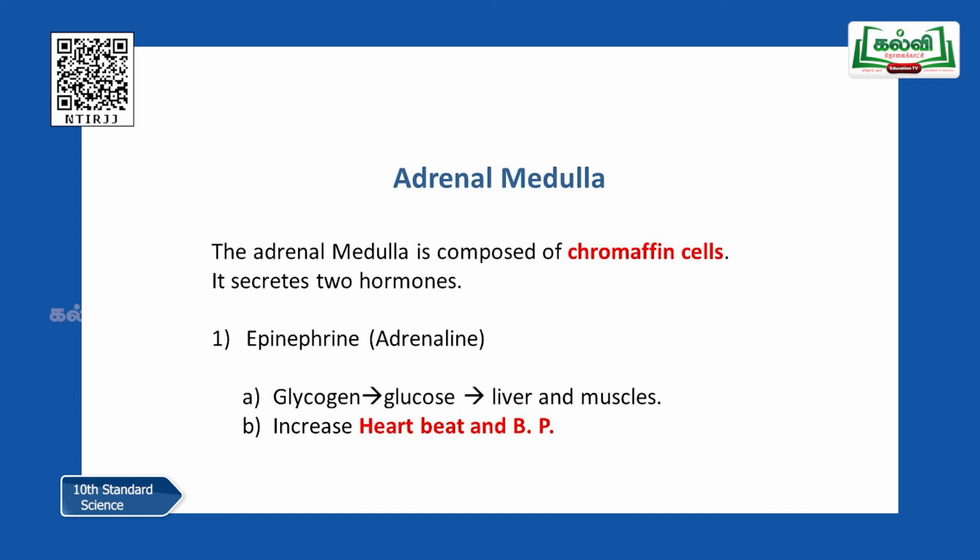You have seen in cinema or in hospital, people used to say low BP and the heartbeat will be low. So, we cannot help them to recover. Such statements are given by the doctors. From this you understand the importance of the adrenal medulla. The adrenal medulla is responsible for increasing the heartbeat and the blood pressure.